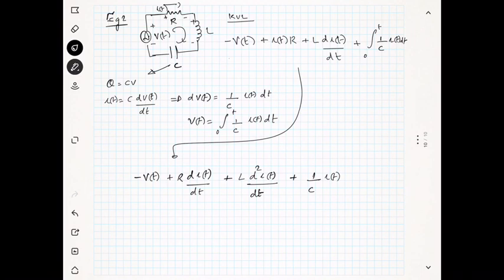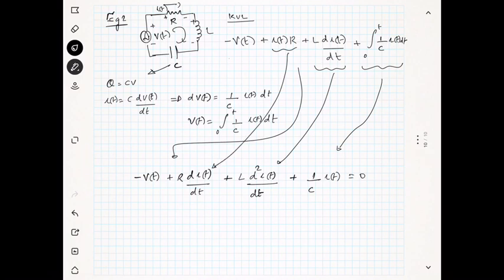So we removed the integral by differentiation, and this becomes the second order derivative, and this becomes the first order derivative. So this is equal to 0.